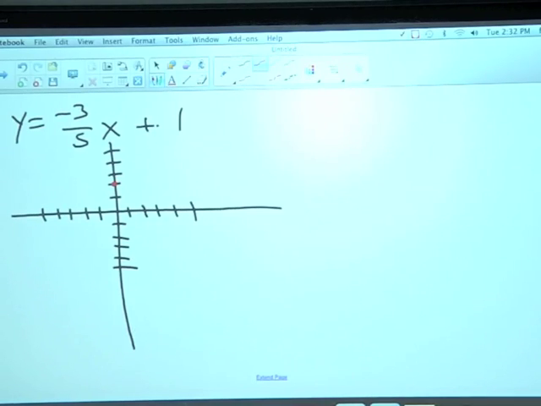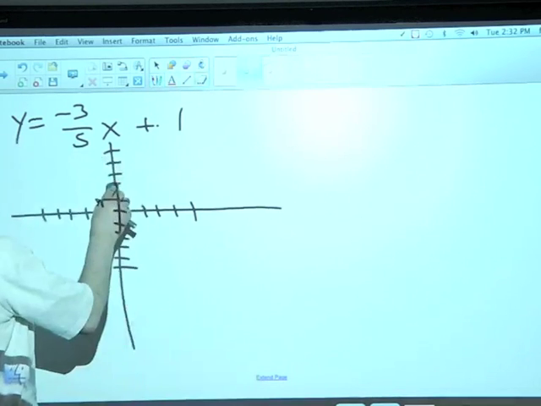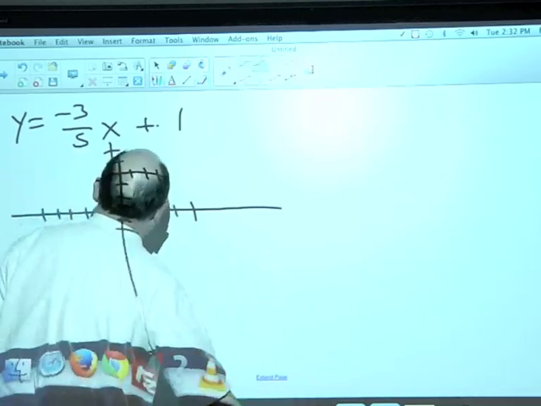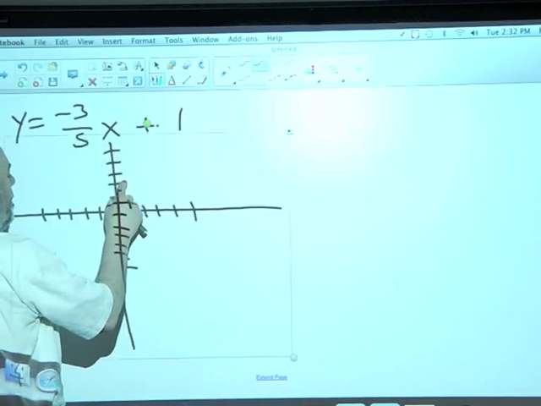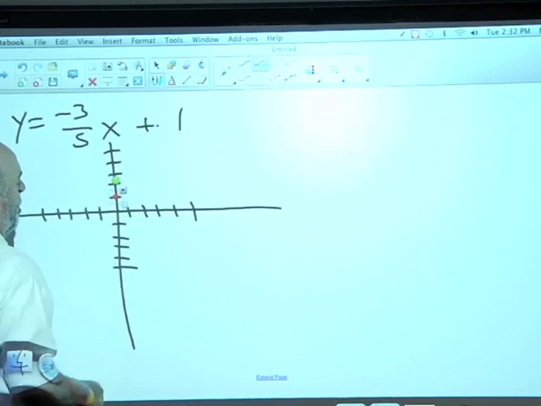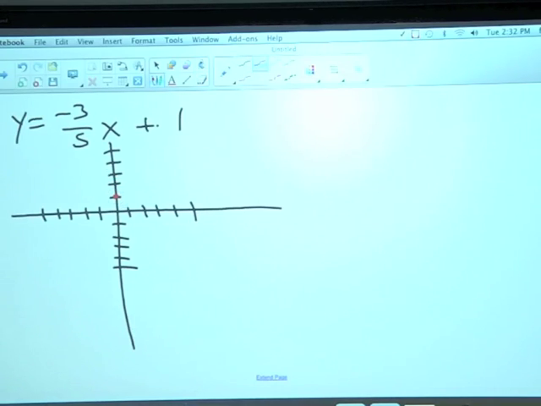My slope is negative 3/5. So this time it says go down 3. Oh, sorry, you're right, you actually got the point right now. I can just move my line. There we go.